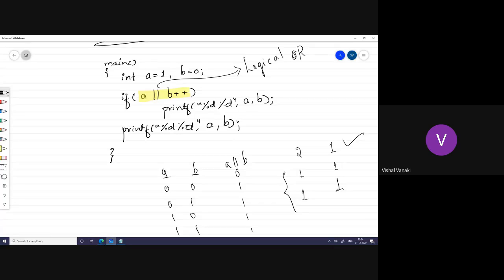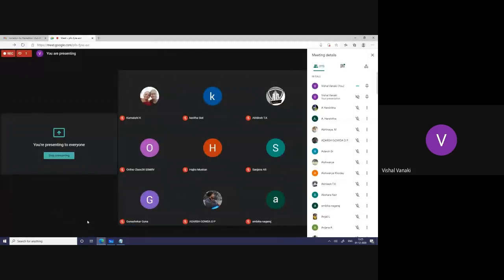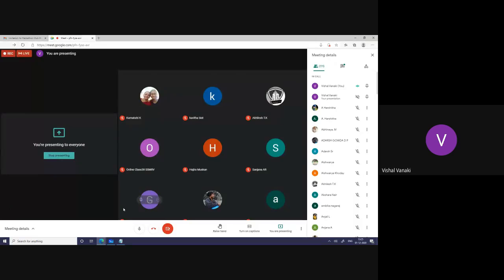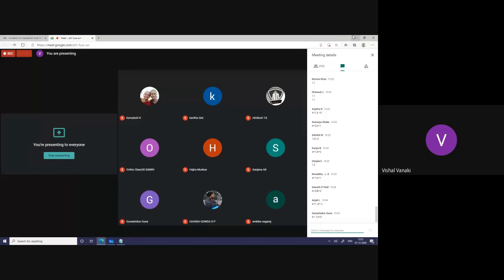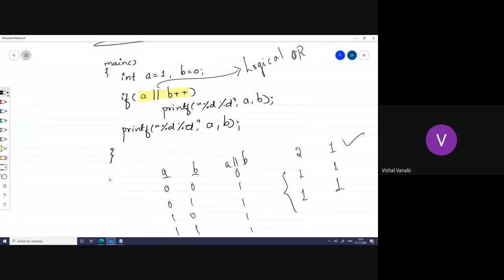If any one input is non-zero, then the output is true, correct? That is the property of the logical OR gate.